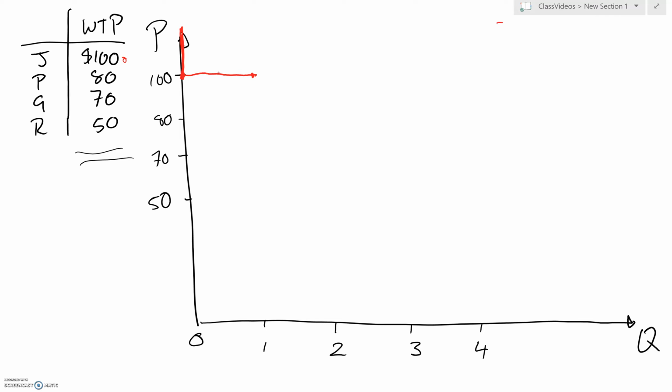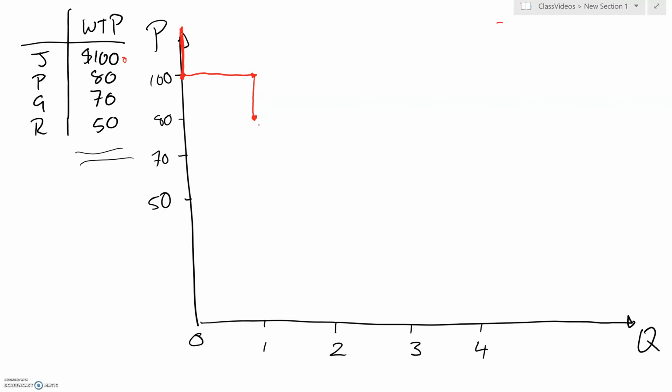Now, for prices between $100 and $80, John is definitely going to buy the good, but it's not quite attractive yet for Paul to buy the good. So for prices between $100 and $80, John buys the good, so that pins down our horizontal coordinate of 1.